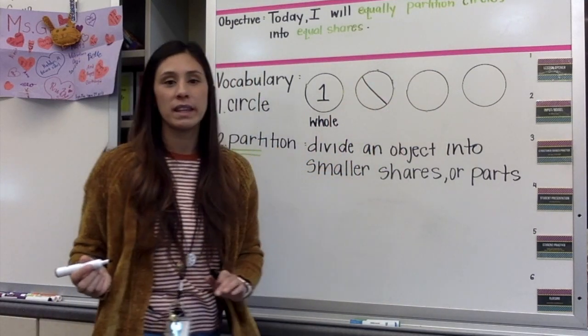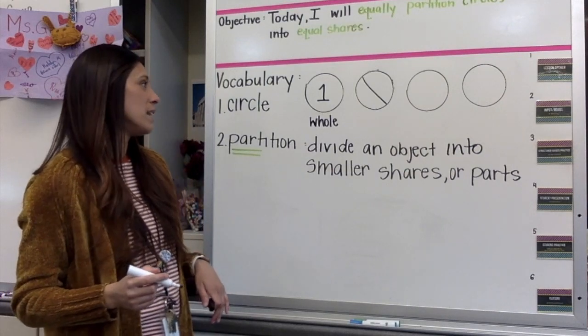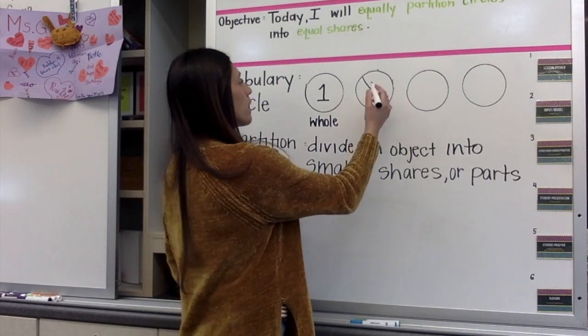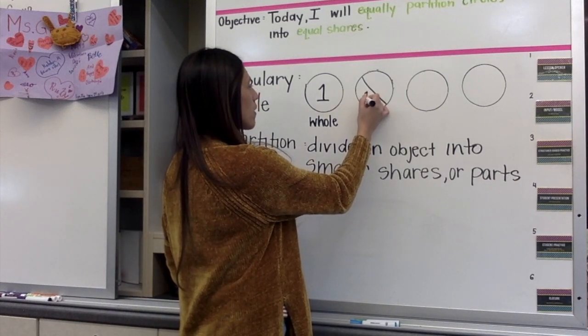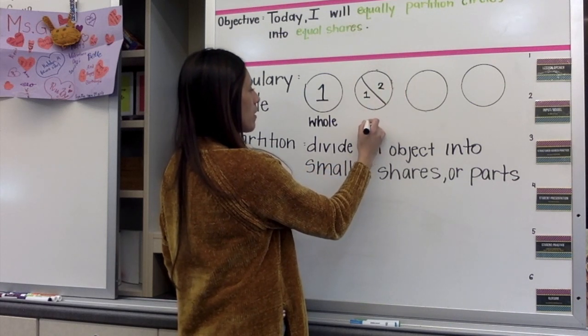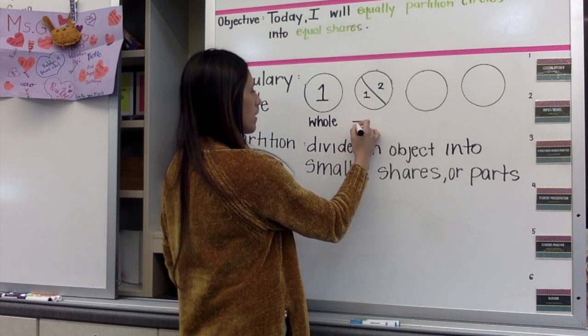Now, not perfectly equal, but I did the best I could, given that I'm not using any measuring tools. So there's 1 half, and then there's another half. So there's 2 shares all together. I'm going to write it right here.